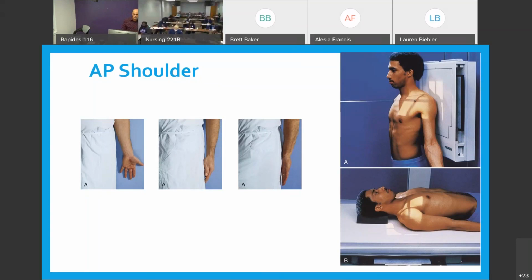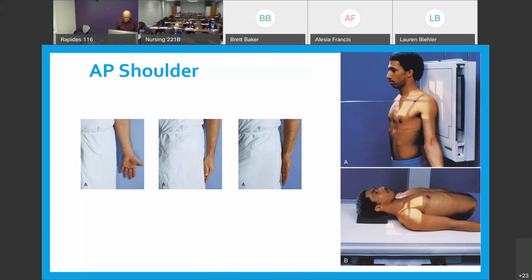But in positioning, we're still going to be using the epicondyles, whether or not they're parallel or perpendicular. But they're not going to be in your image. So you're going to have to start connecting what moves with the AP elbow, what happens when you rotate the hand in or external, internal, or neutral, what happens in the shoulder in relation to the epicondyles being parallel or perpendicular. It's all on this page right here on page 228.